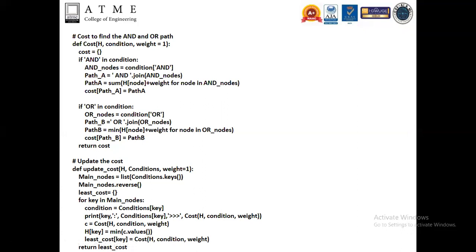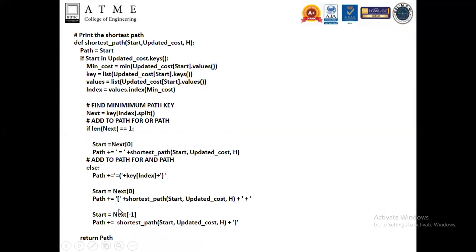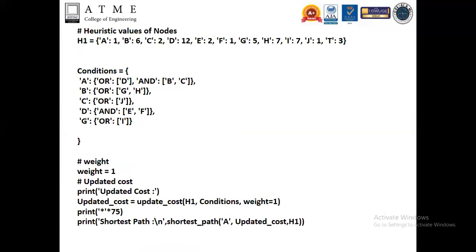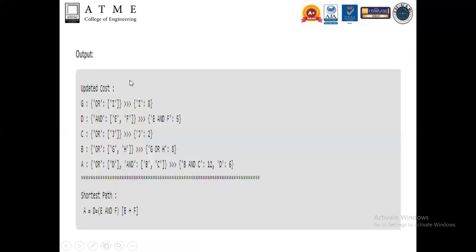This is the code through which we are calculating the cost associated with each traversal path, and then we are printing the shortest path among all the nodes. Once we find the cost of the function associated with all the possible nodes, finally we are printing the nodes. Here all the heuristic values of the nodes which we have printed are associated with that tree. So finally, once we run this code, this is the shortest path we are getting here.